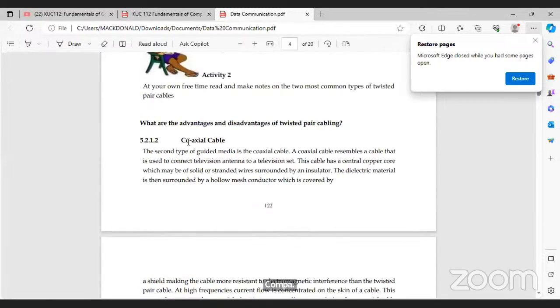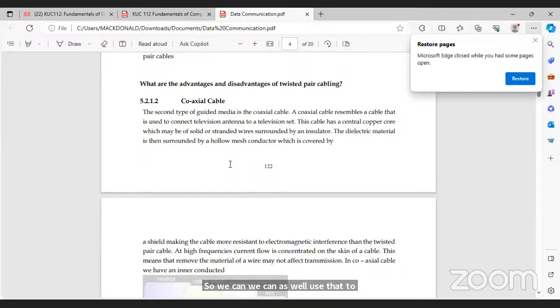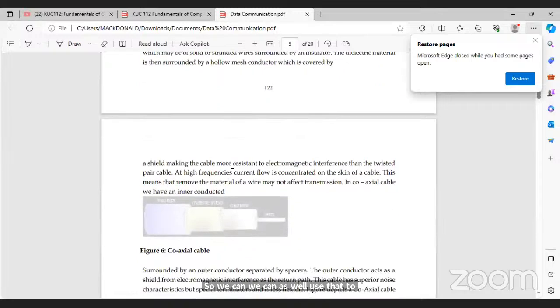Also, we were able to discuss coaxial cable. Coaxial cable is the cable that connects the antenna, the one you use to connect a TV. We can as well use that to transmit data, especially in old telephony.